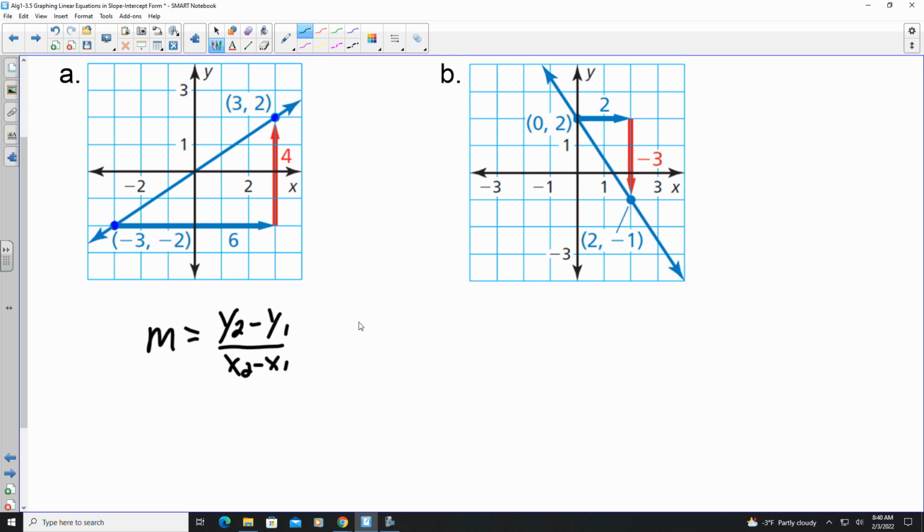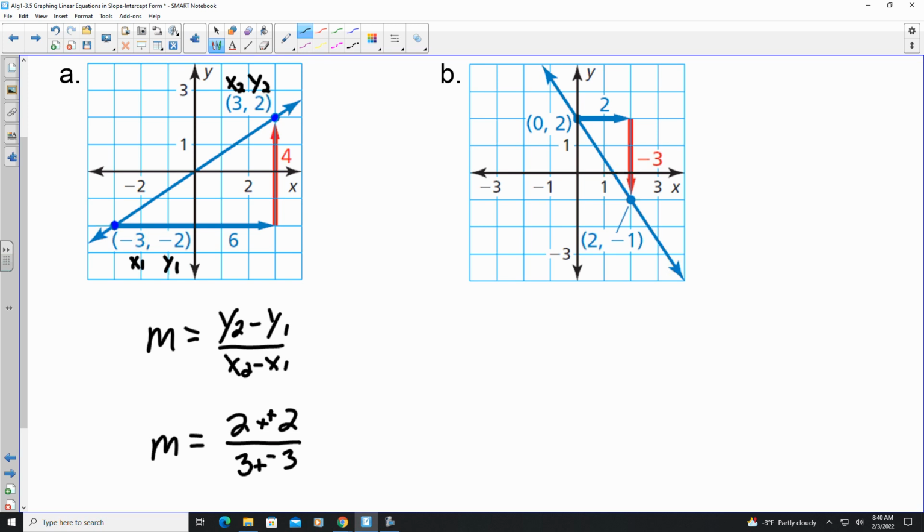Normally, what I would suggest is the point on the left, make that your x1, y1, and the point on the right, x2, y2. And now we're just going to utilize this formula to get our slope. So m is going to be equal to 2 minus -2 divided by 3 minus -3.